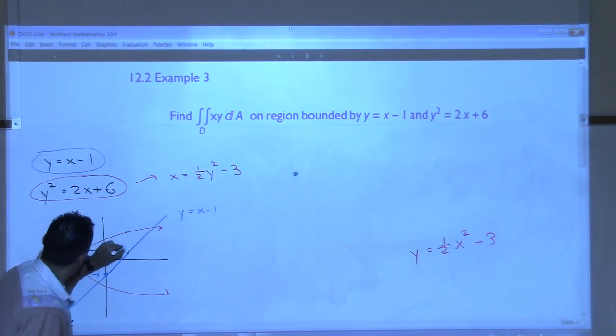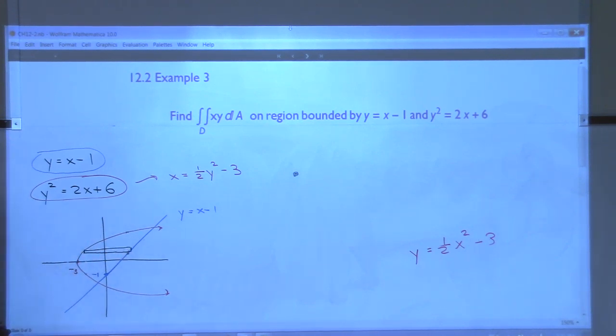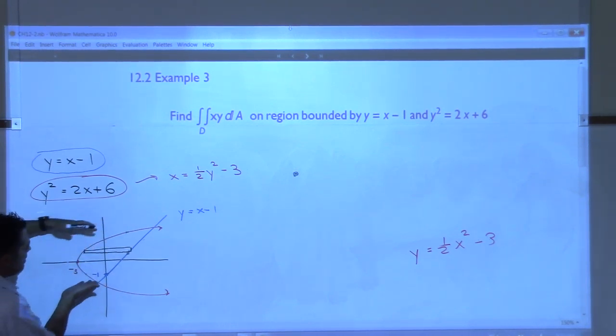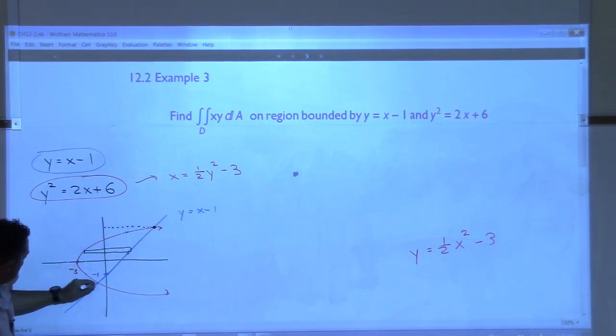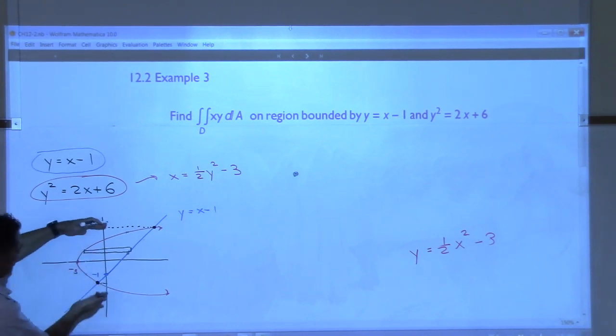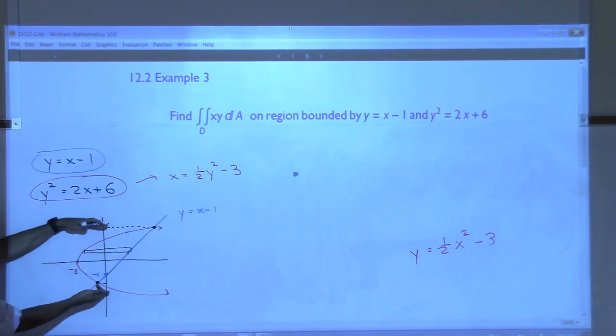If we slice this way, then now are the y-coordinates of this rectangle always between two constants? So as I move this, will my y's stay between two things? And hopefully you can see from that intersection over and then this intersection point over, there are my two restrictions for y.